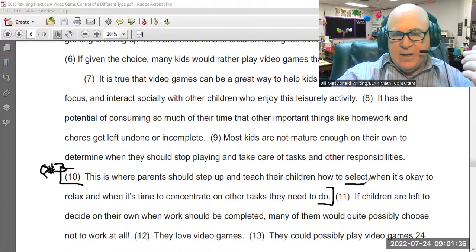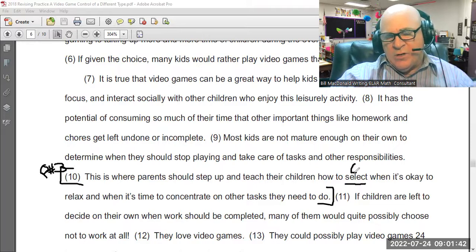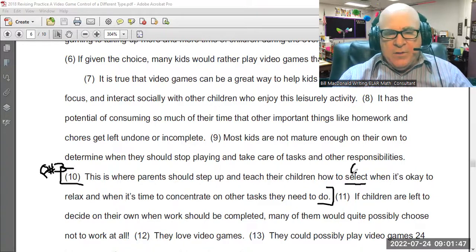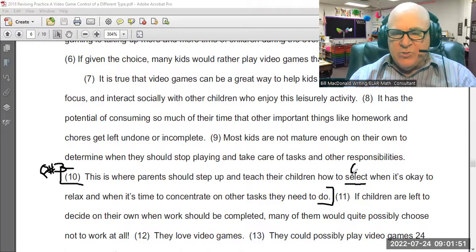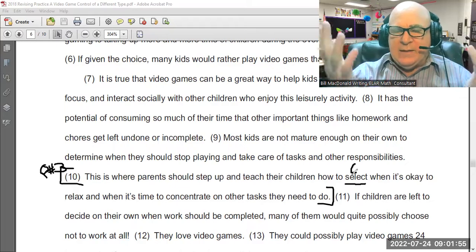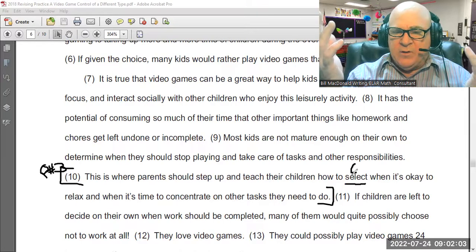You got to decide how to use this in context where we don't change the meaning or the content. This is where parents should step up and teach their children how to select, right? So we're going to be selecting something. When it's okay to relax and when it's time to concentrate on other tasks.